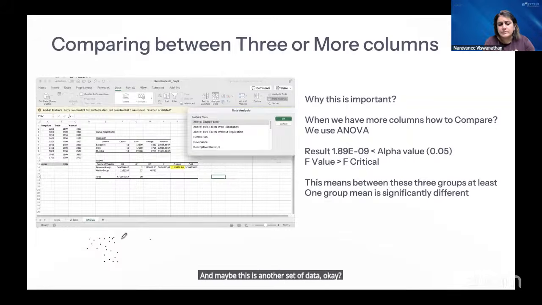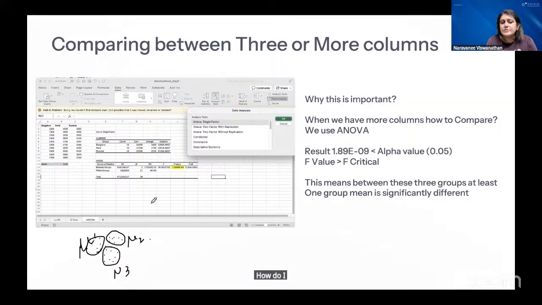So ANOVA is basically trying to cluster this data. How do I cluster it? It gets the average 1, average 2, average 3. I am comparing these three averages.